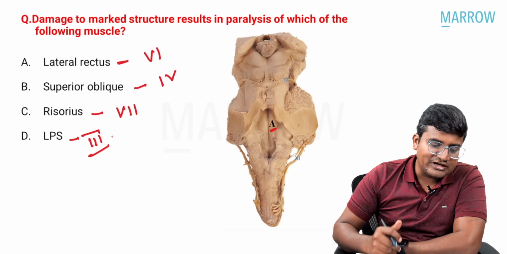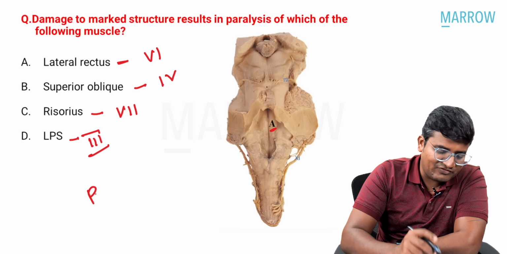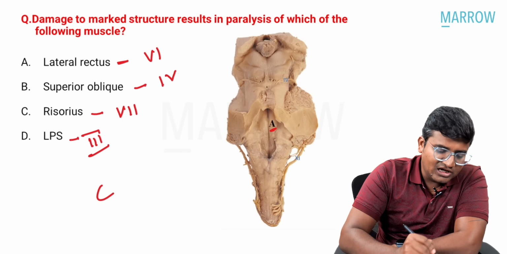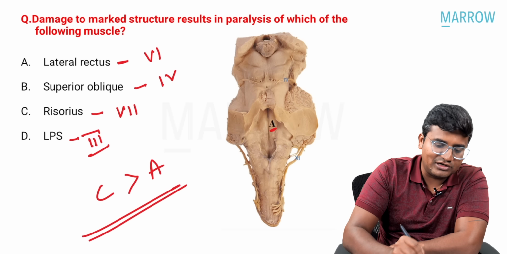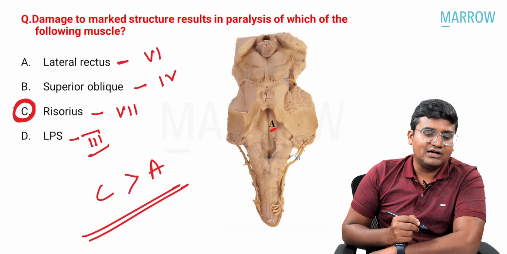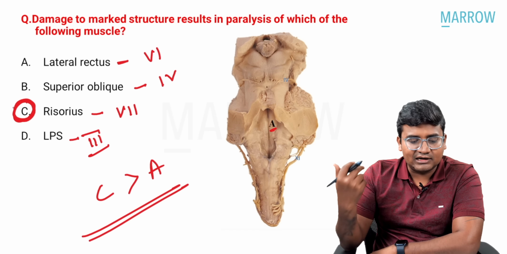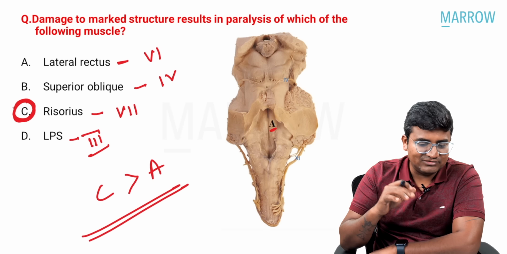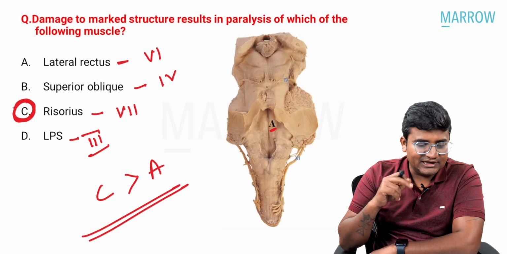So damage to facial colliculus means which muscle will be affected? Yes, risorius is affected. C is affected. If C is not given, then you have to go for A. Yes, very good. So damage to facial colliculus means risorius muscle will be affected greater than lateral rectus muscle. So seventh nerve greater than sixth nerve. So C is the best answer here, greater than A.